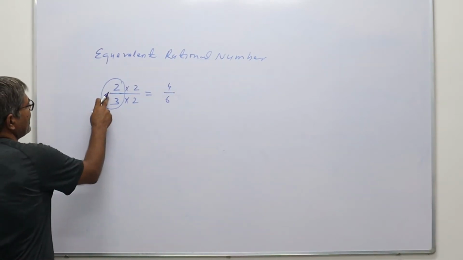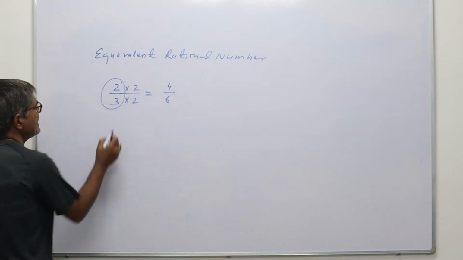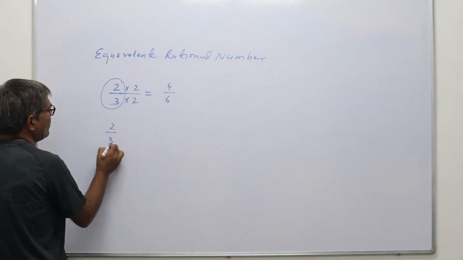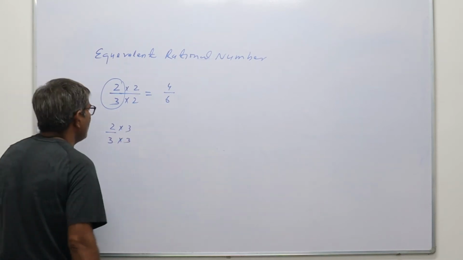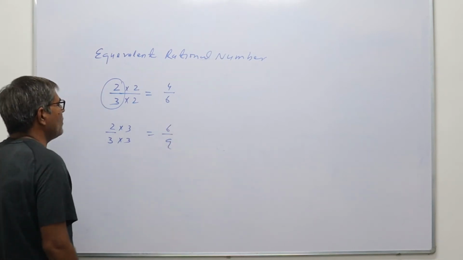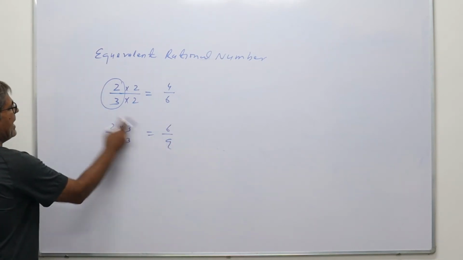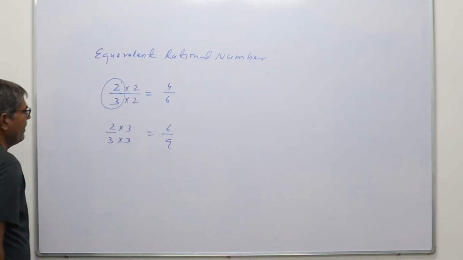So 2 by 3 is equivalent to 4 by 6. Similarly, if we multiply 2 by 3 in numerator by 3 and denominator also by 3, then 6 upon 9. This is also an equivalent rational number to the rational number 2 by 3.